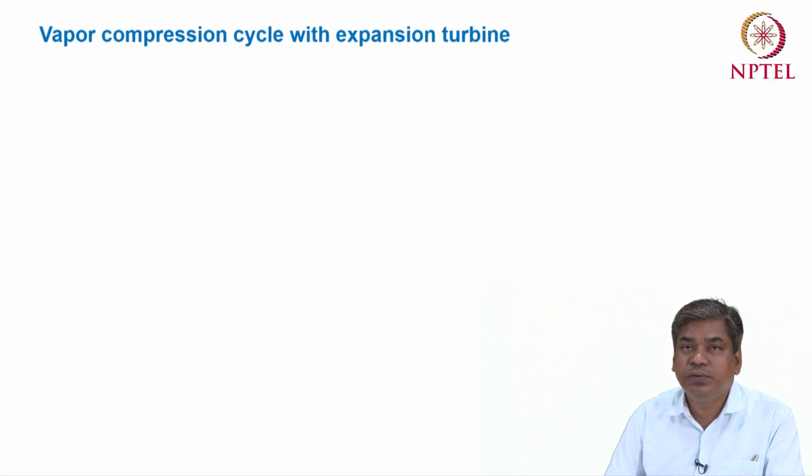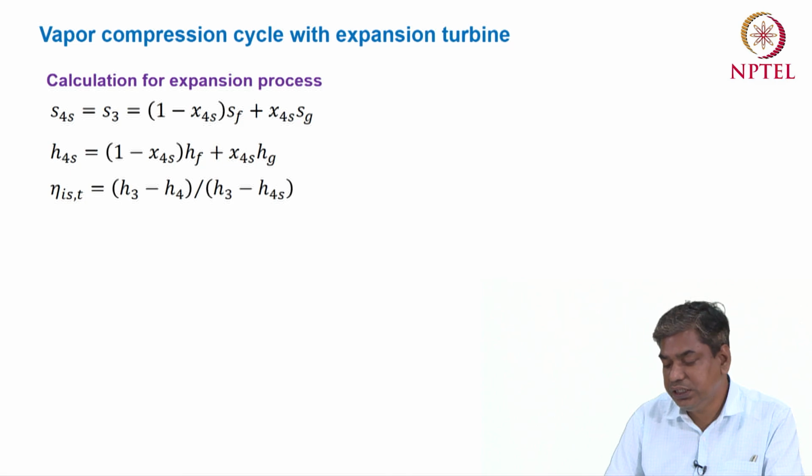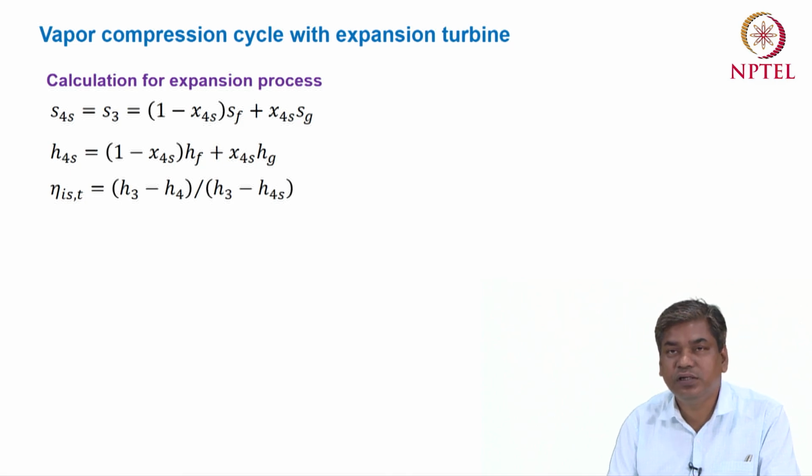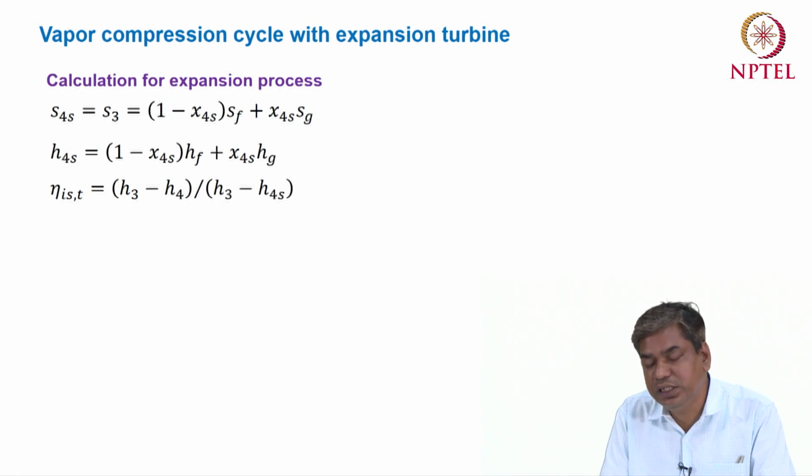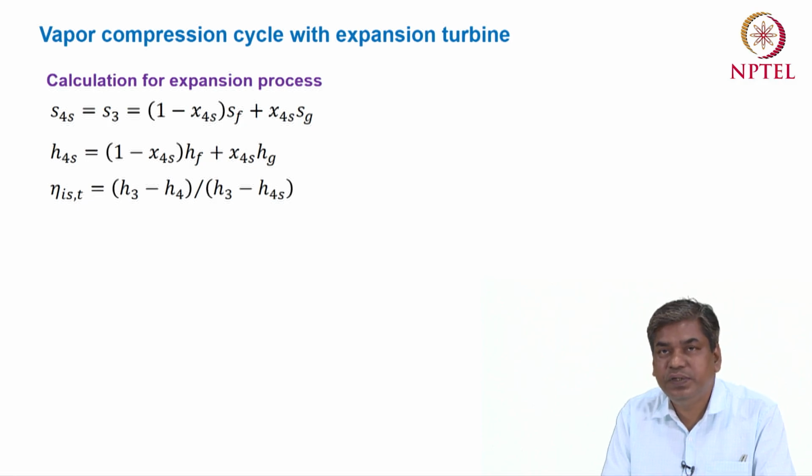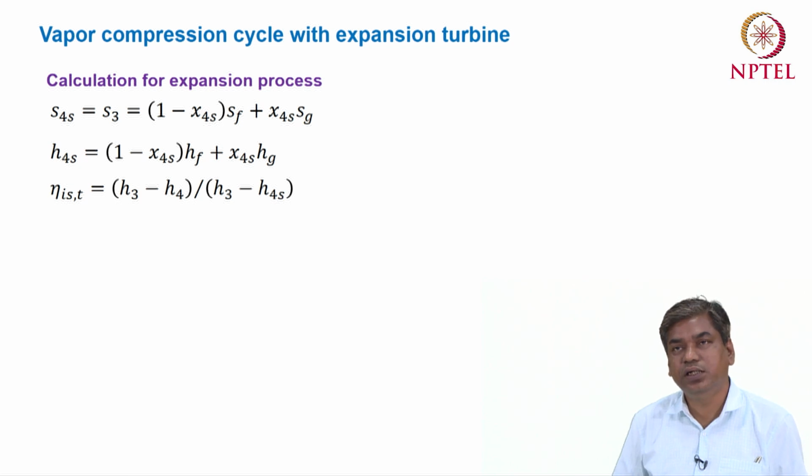So for the calculation for this system, the other processes like the process 1 to 2, that is the compression process, and by using the refrigeration table or the saturation table of the refrigerant, points 1 and 3 are both saturation points.